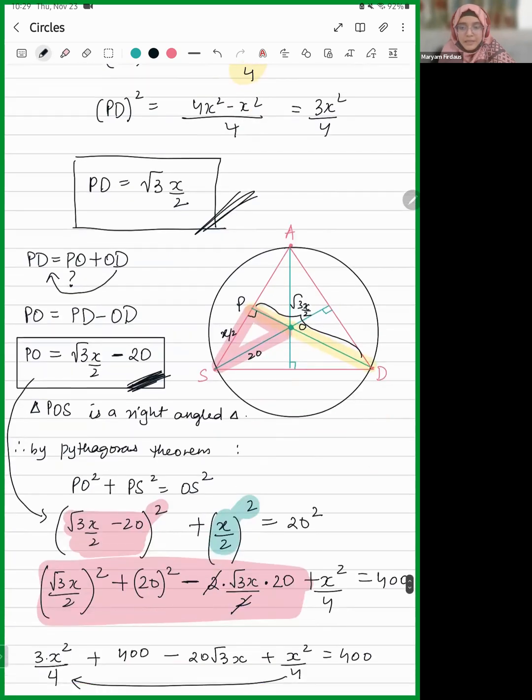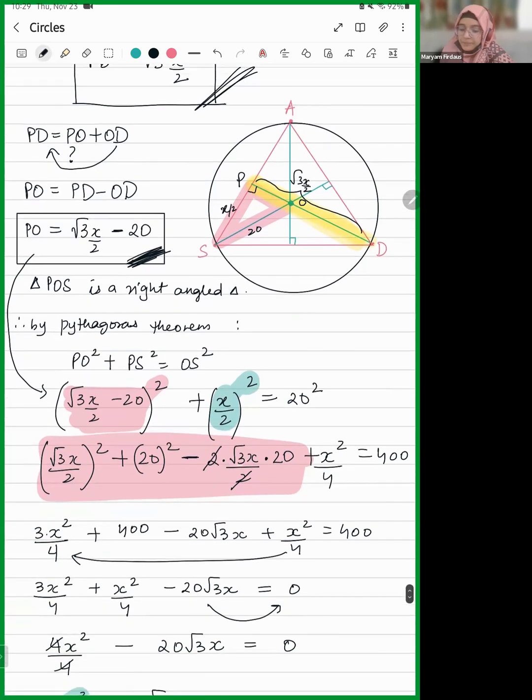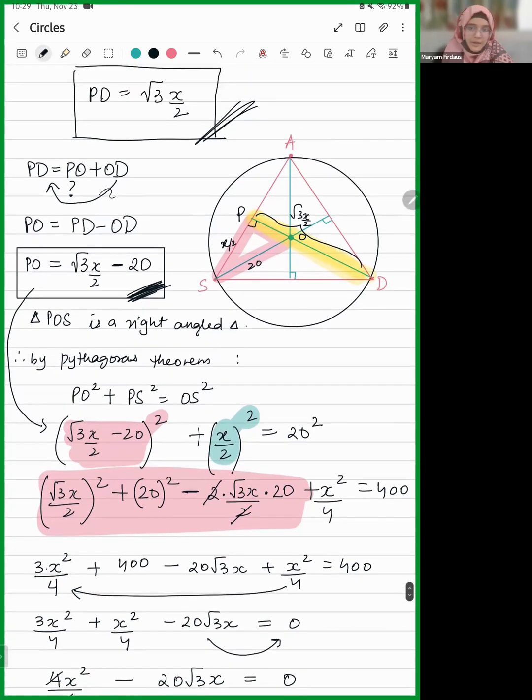After finding PD, we then said, well, PD is the entire length, this one. But I know that OD is the radius. So I know the radius. So from that, I can find out PO. So what we did was, we know PD, we have just found it.